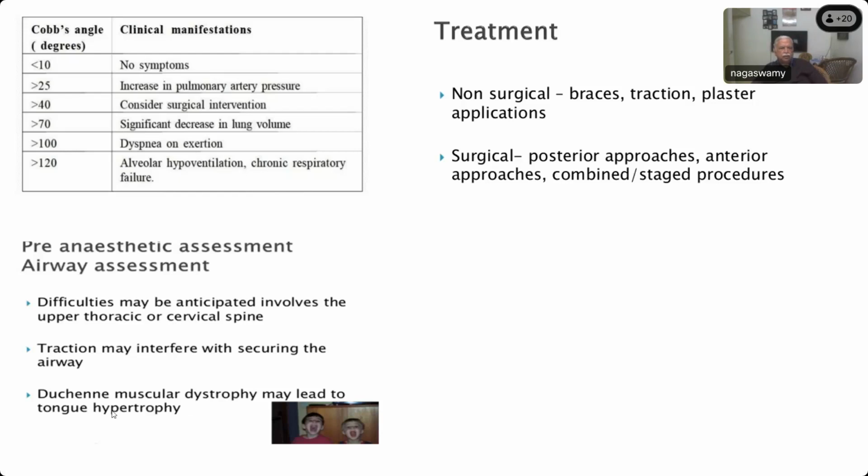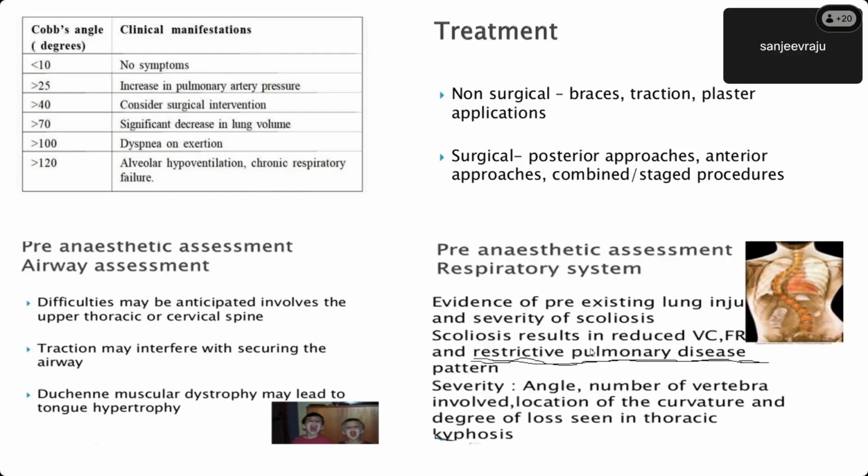And patients with Duchenne muscular dystrophy may have tongue hypertrophy, which may pose a problem in the intubation and other airway management. Restrictive pulmonary disease pattern will be there. And you must also assess the severity of the curvature by the angle, number of vertebrae involved, location of the curvature, and the degree of loss seen in the thoracic kyphosis.